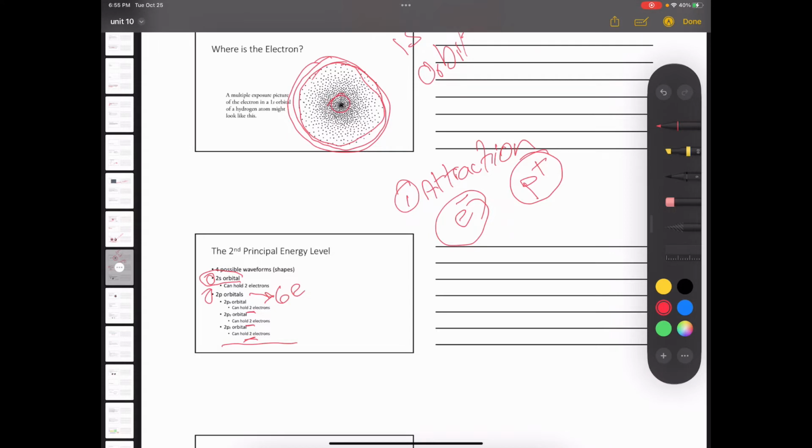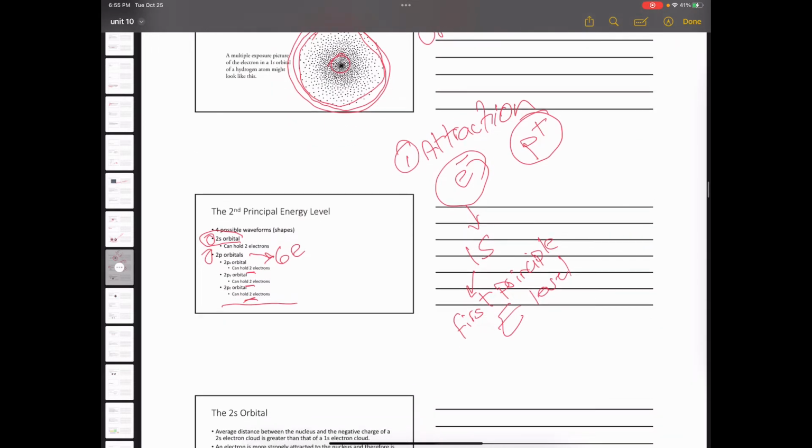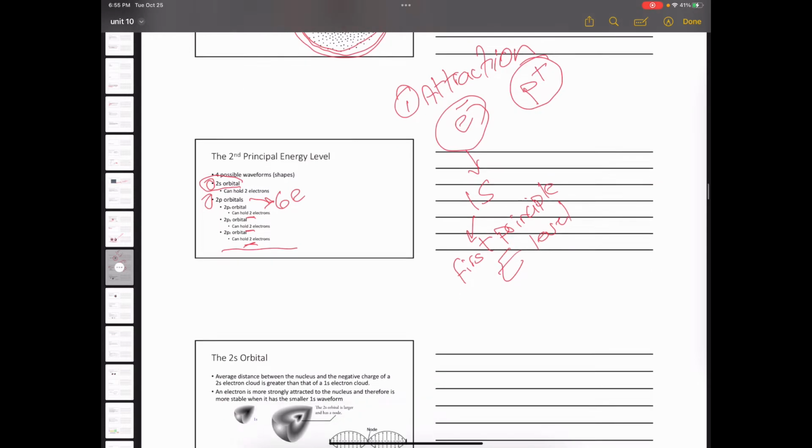So there is even less stability at that point. So the electron would definitely prefer the 1s, which is the first principal energy level. Okay, so that's in terms of the first and the second principal energy level.